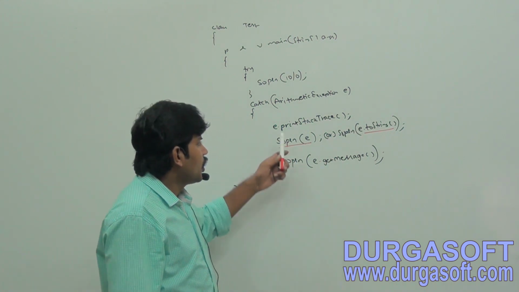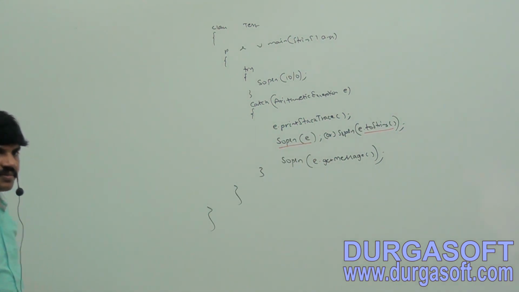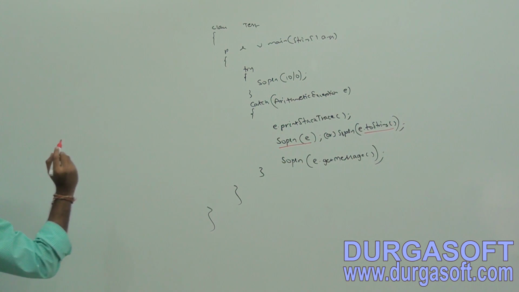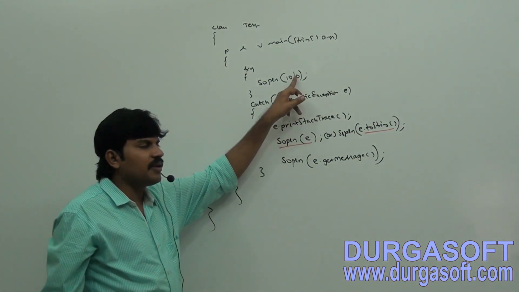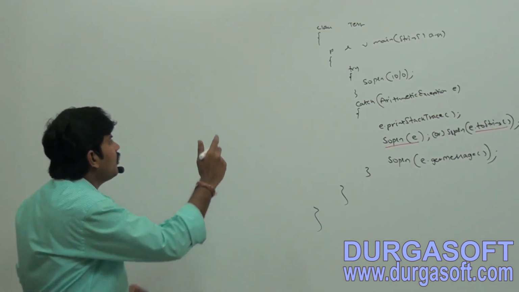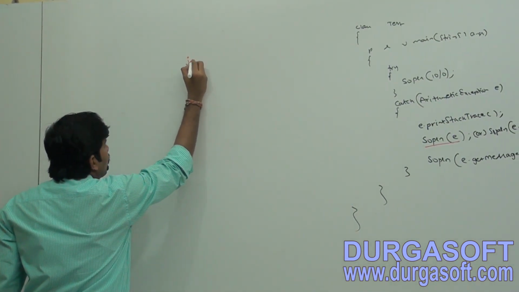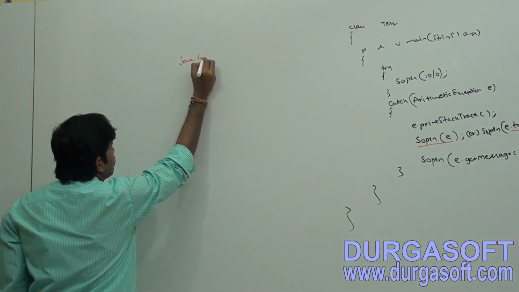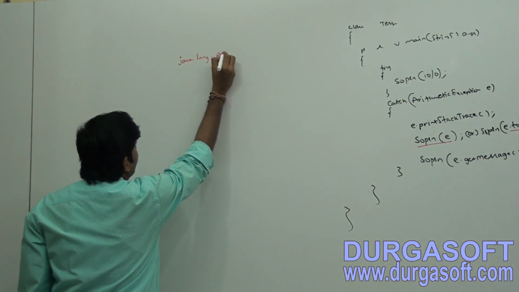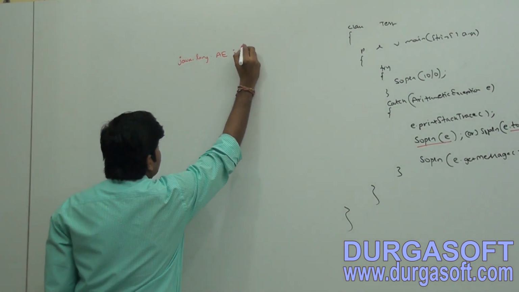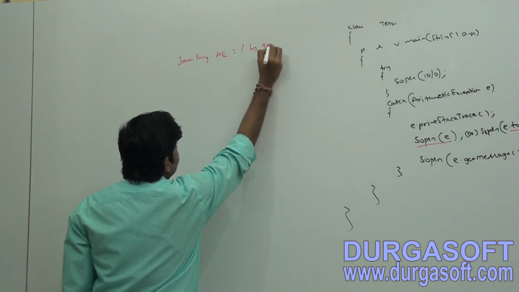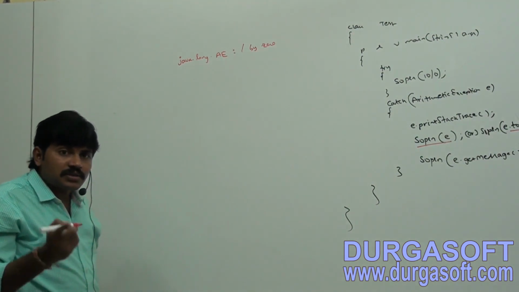Simple. If I use printStackTrace, then we will get the name of the exception. Can you tell what is the name of the exception here? ArithmeticException. Sir, I want the name of the exception: java.lang.ArithmeticException, colon, description: division by zero, and then the stack trace.